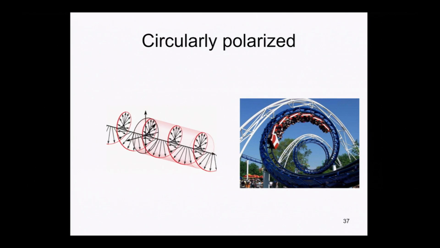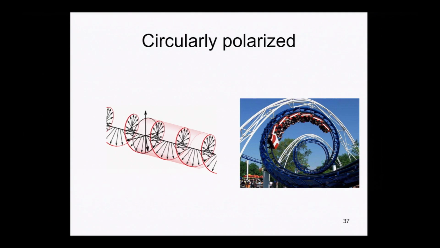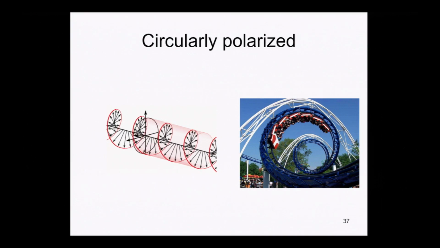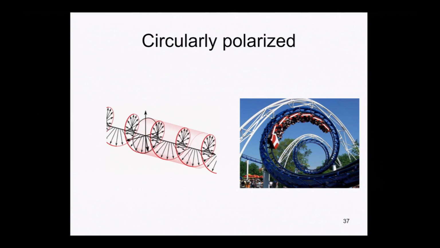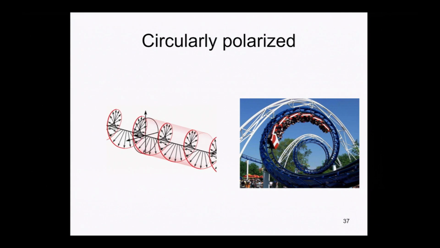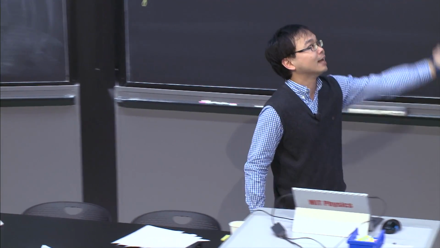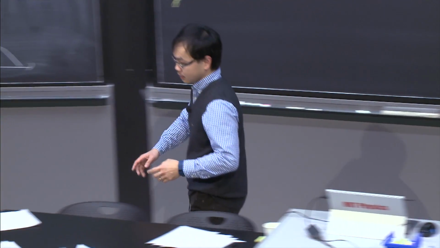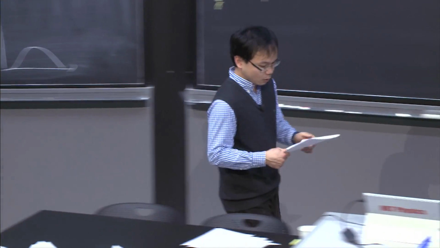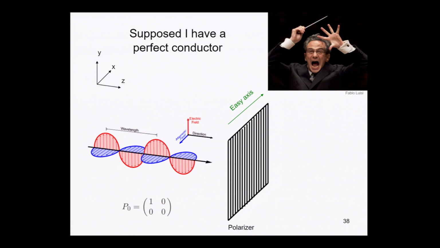One has the electric field in the x direction, and the other is in the y direction, and they are off by a phase of pi over 2. If that happens, you will see that it produces something really interesting. The direction of the electric field rotates as a function of time, as a function of the space this wave travels. And that we call circularly polarized waves. And we can also have elliptically polarized waves.